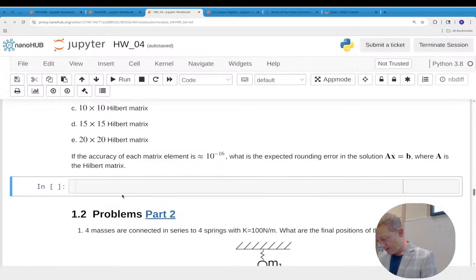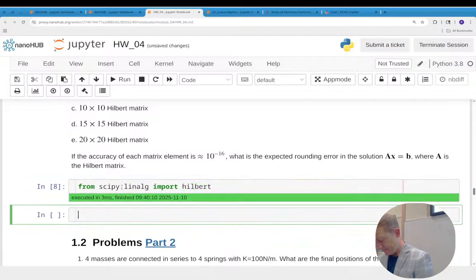and coming here. I think it's from NumPy. No, maybe it's SciPy. There we go.